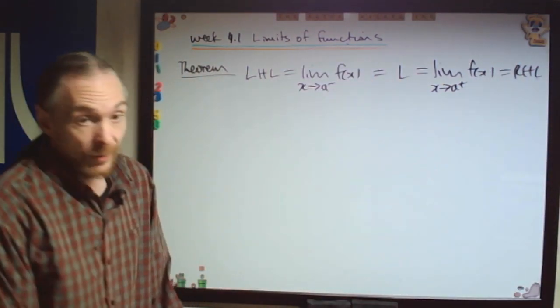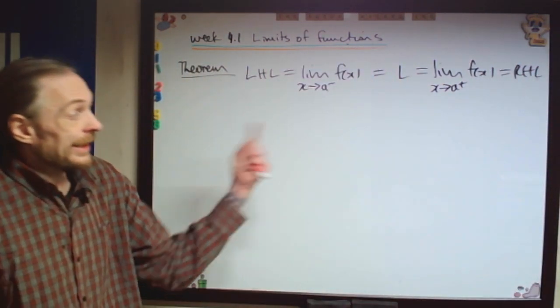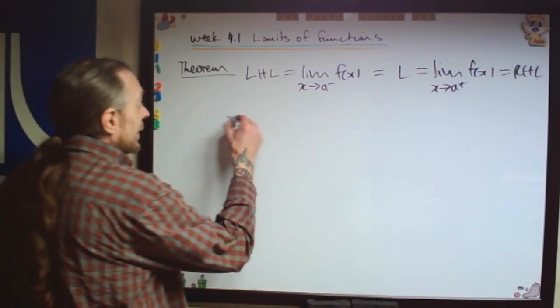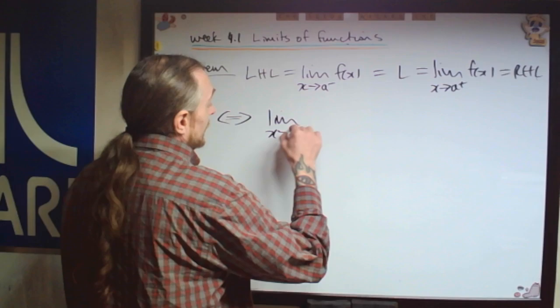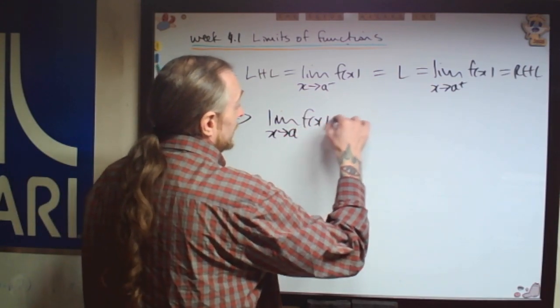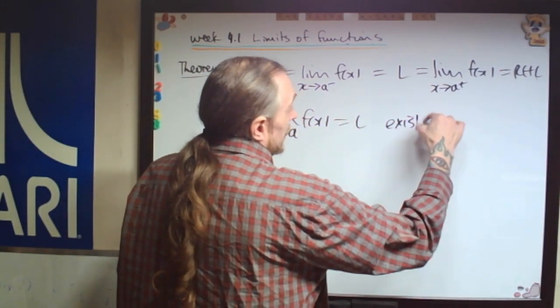And I'll write it like that when we check. But the left-hand limit equals the right-hand limit if and only if the limit as x approaches A of f of x equals L exists.